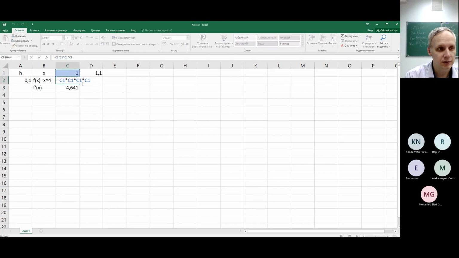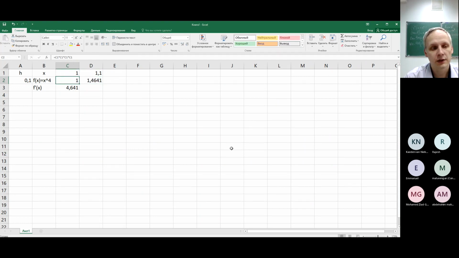I write a function x power 4, and in these 2 cells, I have 1 and 1.4641.